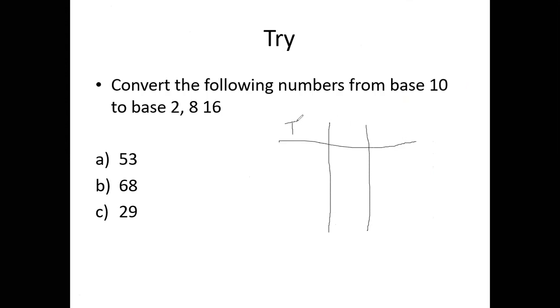Here I will indicate the base to which I want to convert, here there will be the number itself, and here there will be the remainder. If I want to convert a number to base 16, let me do the third one. It looks interesting.